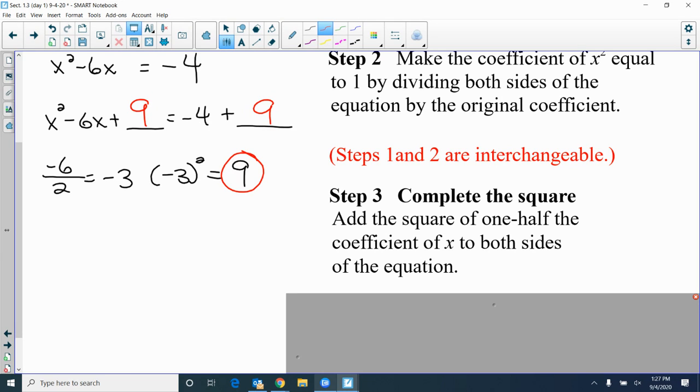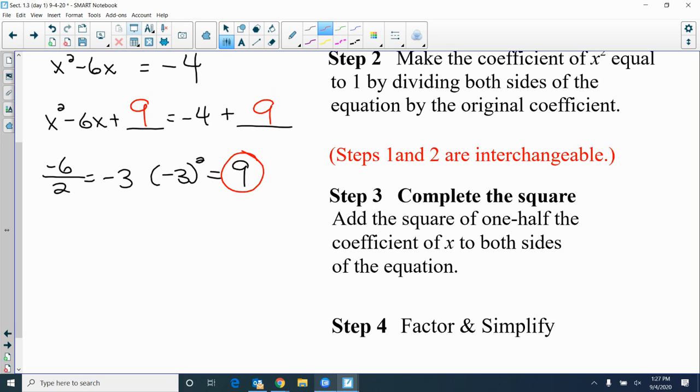All right, and now step 4 says factor and simplify. Well, we're going to do what I did over here. Okay, I'm just going to rewrite this for a second. I got x squared minus 6x plus 9 equals, now I simplify that to 5. That factors into x minus 3 squared equals 5.